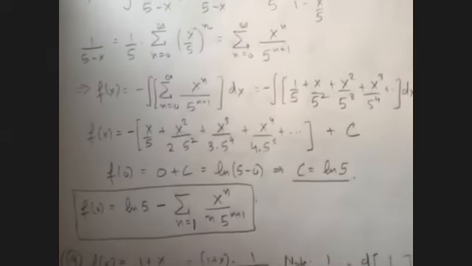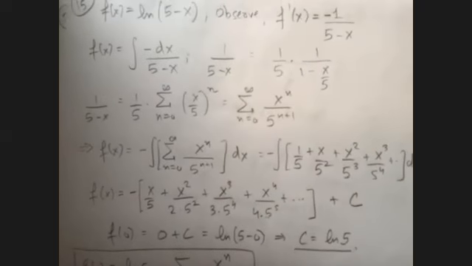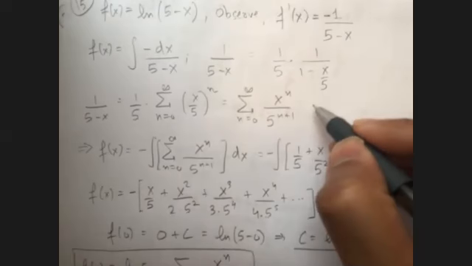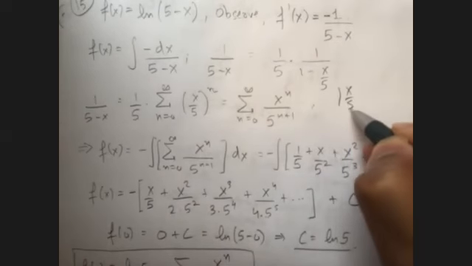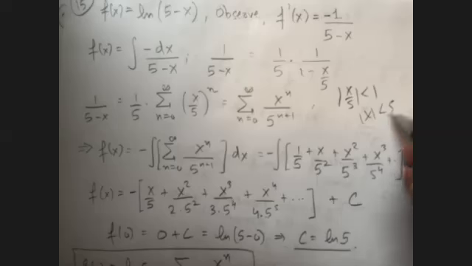And similarly over here, we get mod of x over 5 less than 1. So mod of x is less than 5.